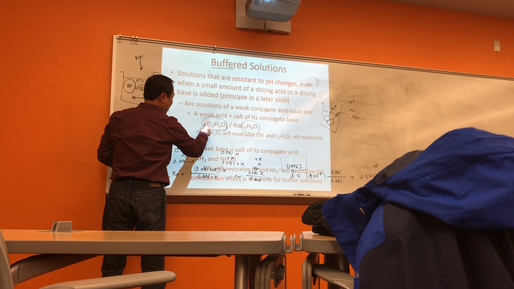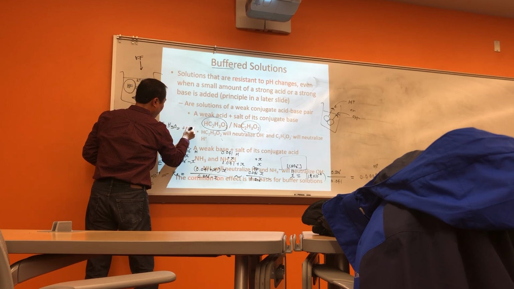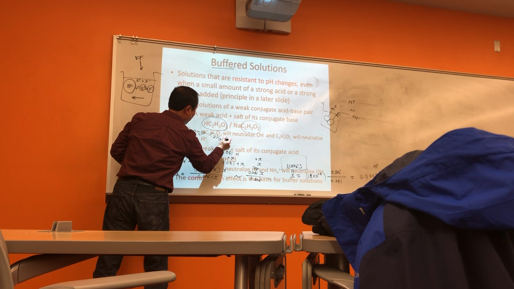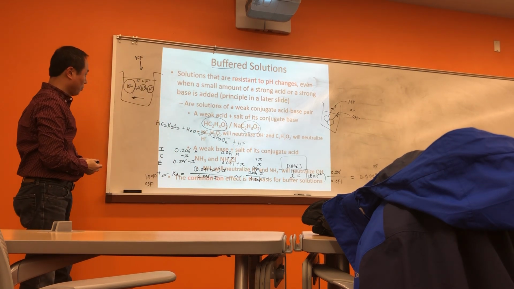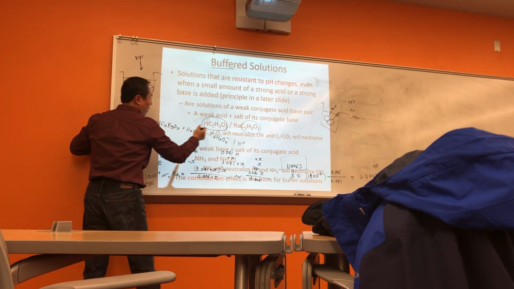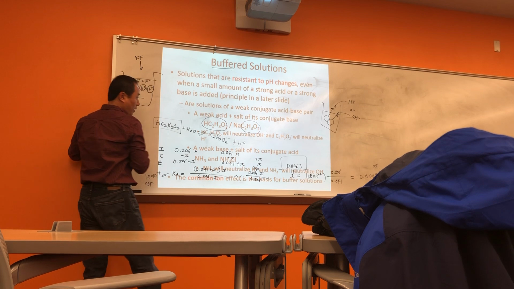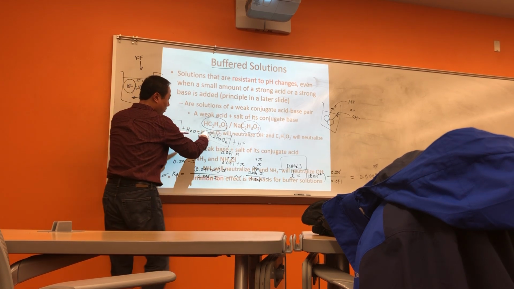This guy will dissociate in water into acetate and proton. So we make a buffer system by mixing the original acid and its conjugate base together.